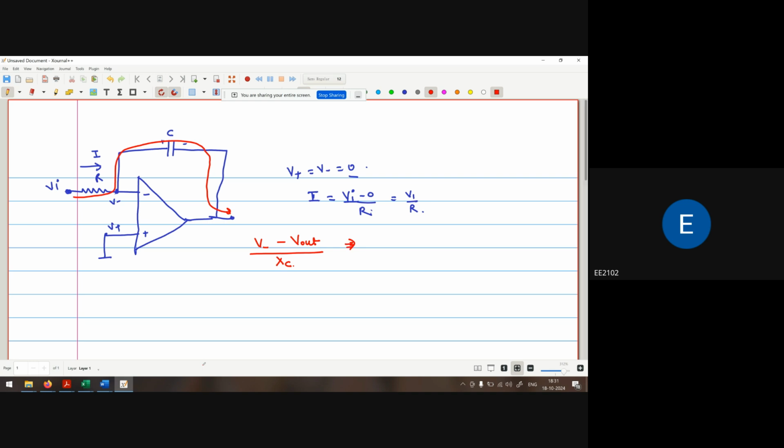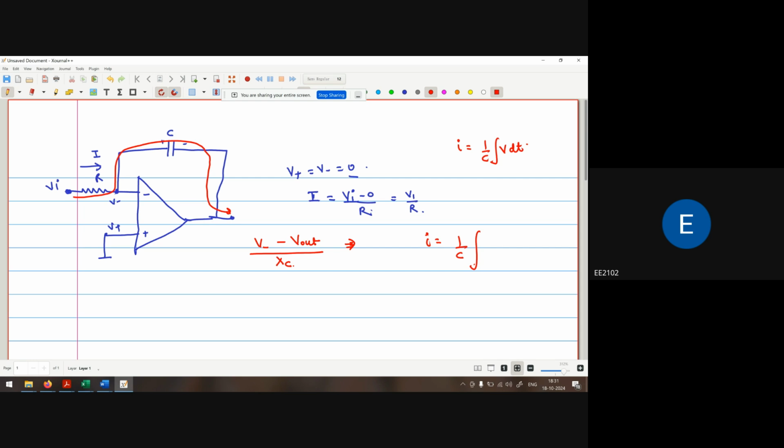Or I can say that if it is a capacitor, the current flowing through the capacitor is I equal to 1 by C integration of V dt.